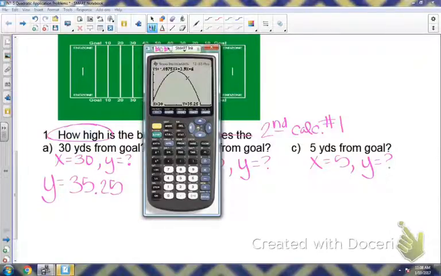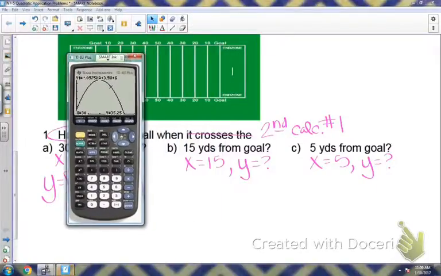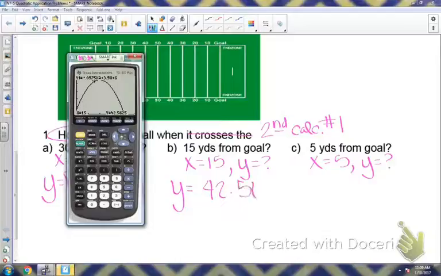We're talking about the y, which is the number of feet it is above the ground. So let's label that as feet. Alright, so you can either repeat that, or since you're already there, you can go ahead and type in 15, press enter. So when x is 15, let's round to 2 decimal places. Our y will equal 42.56.